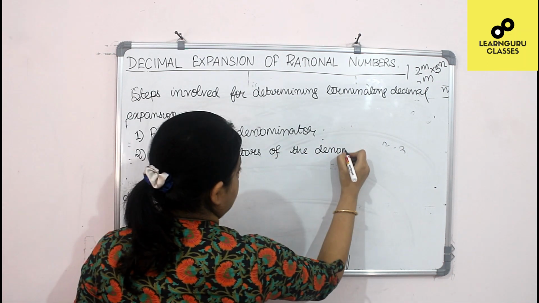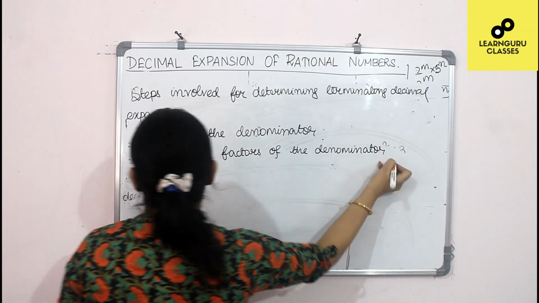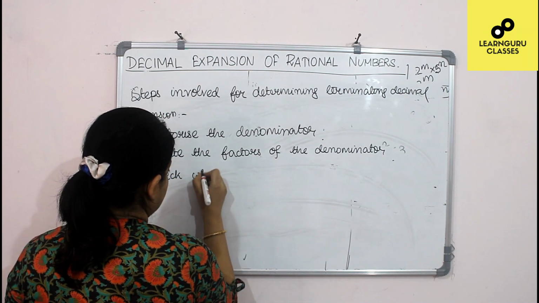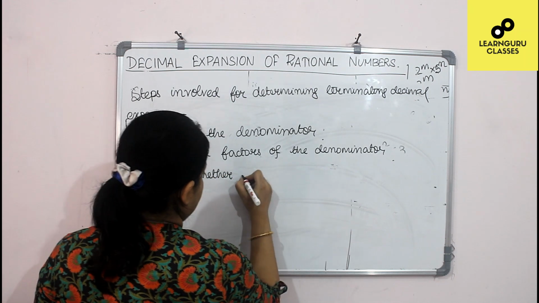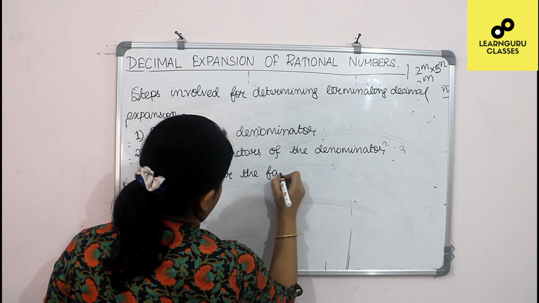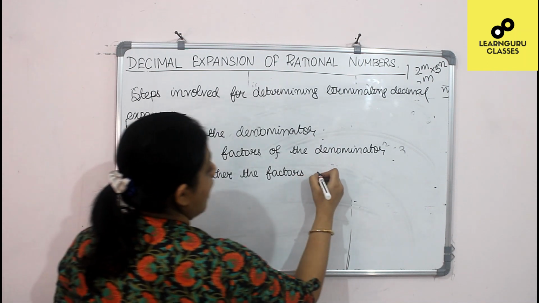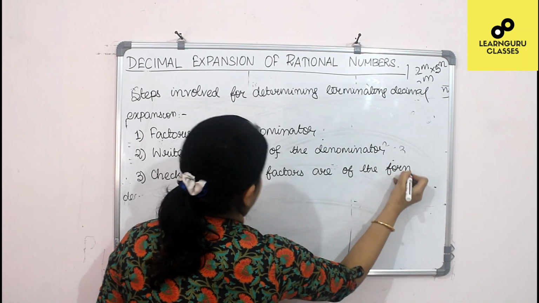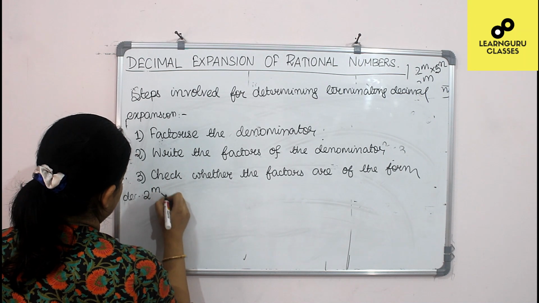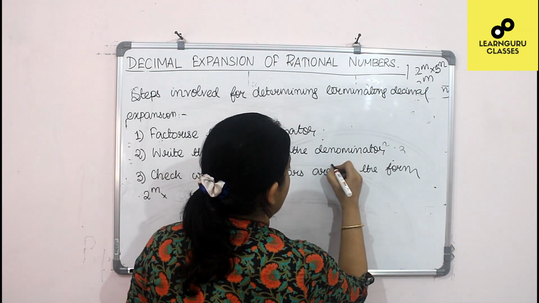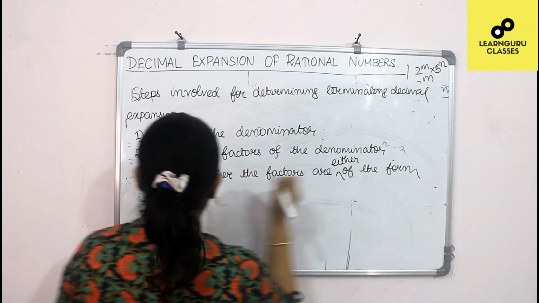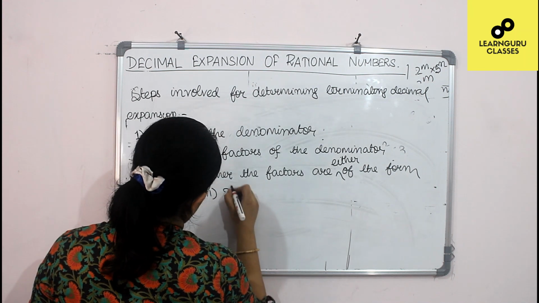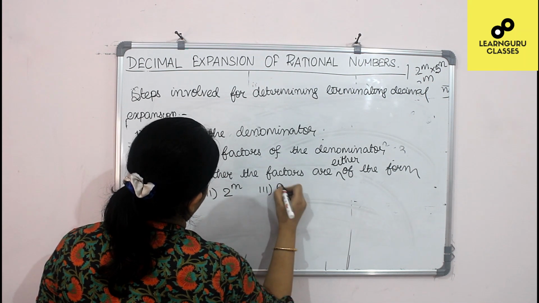Third step is to check whether the factors are either of the form 2 to the power of m into 5 to the power of n, or second, 2 to the power of m, or third, 5 to the power of n.